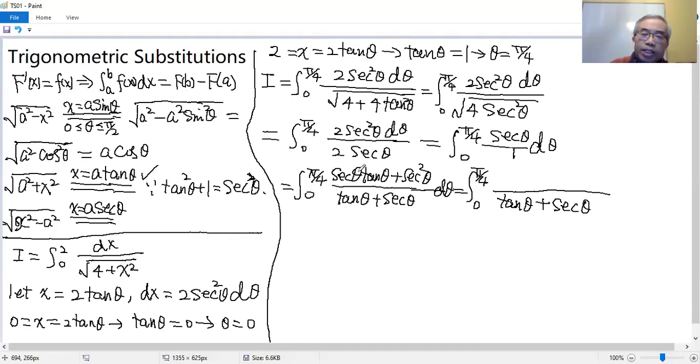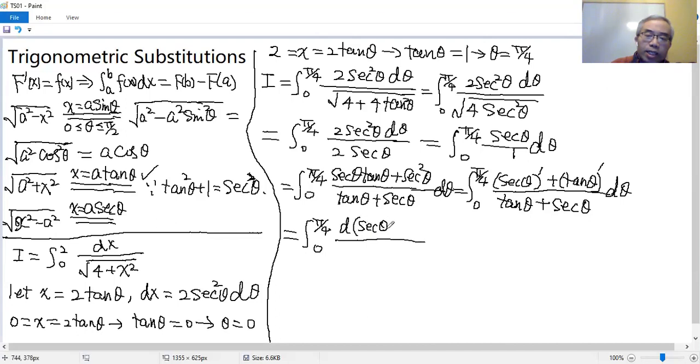But the top, you see, this part is actually the derivative of secant theta, and the second part is the derivative of tan theta. So we can write the top as d of (secant theta plus tan theta). For the bottom, I change the order, so write secant first, plus tan theta.